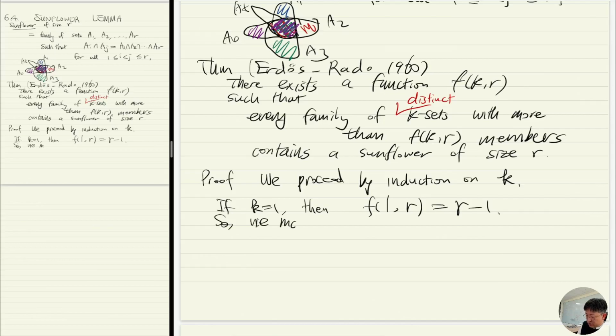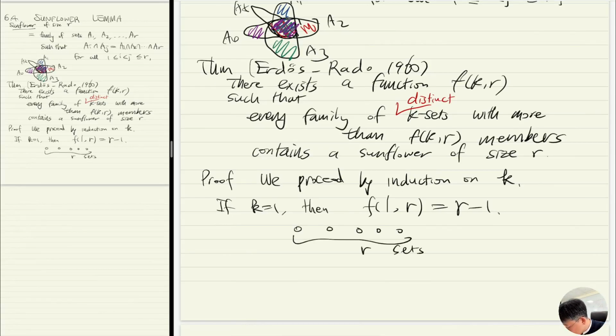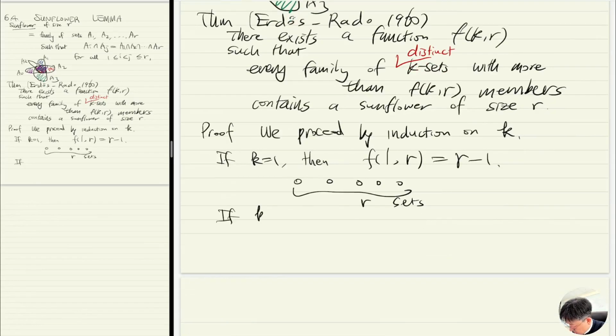So we may assume, right? This is when we have r sets, then this is a sunflower because the intersection is empty. If k is bigger than 1, then what can happen?